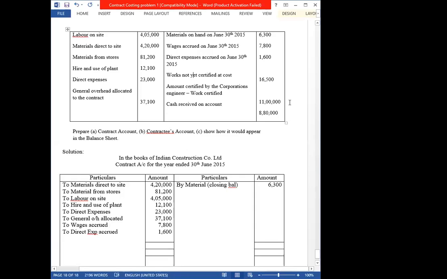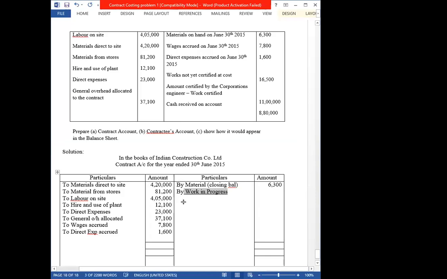Next is what? Work not certified. You know very well, work not certified will come under the category of work in progress, and work in progress will be shown in the credit side of the contract account. So we are going to write work in progress. Underline this.